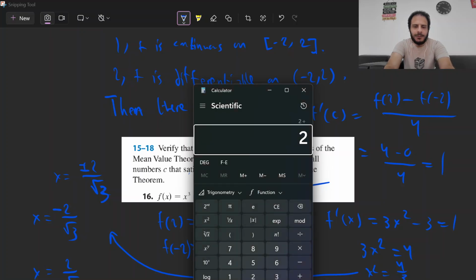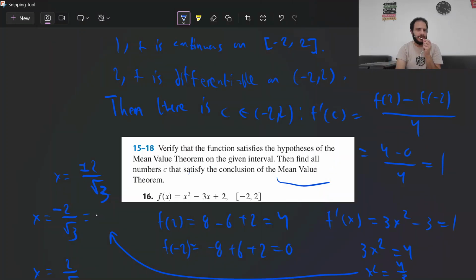So you have 2 over 3 to the power 0.5. So the result is 1.15, right? So one solution is minus 1.15, the other is nearly equal, I mean, to be very clear, nearly equals 1.15.